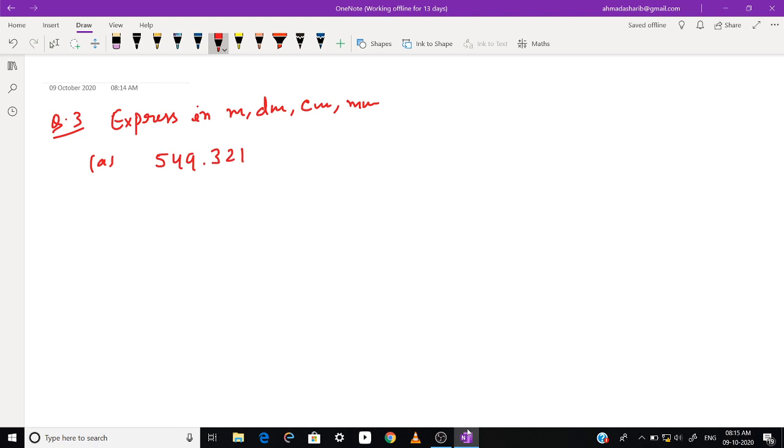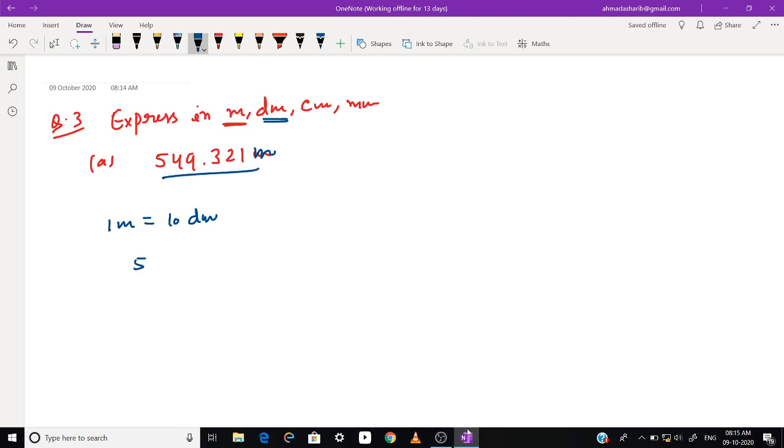549.321 meter. Okay, since it is already in meter, we don't have to convert into meter, but we have to convert it into decimeter. So how many decimeters are there in a meter? Let me tell you, 1 meter is equal to 10 decimeter. So we have to multiply this number by 10 in order to convert meter into decimeter.